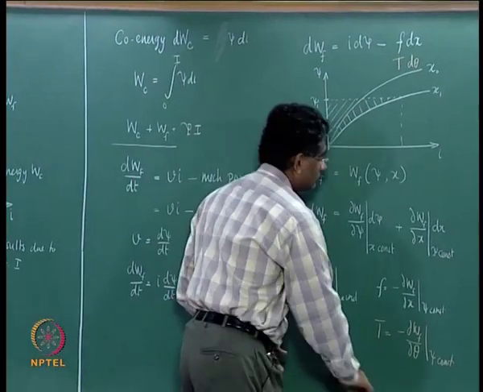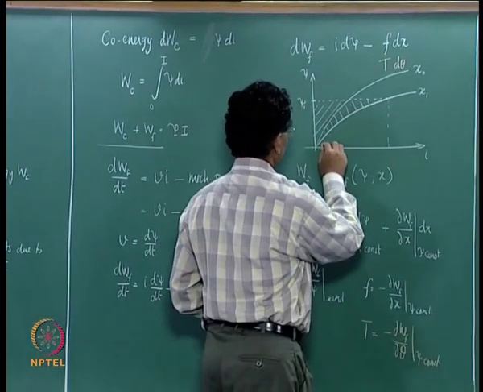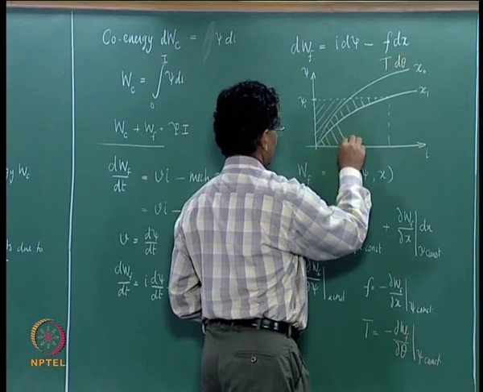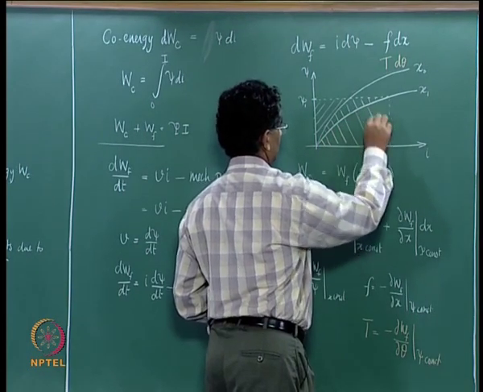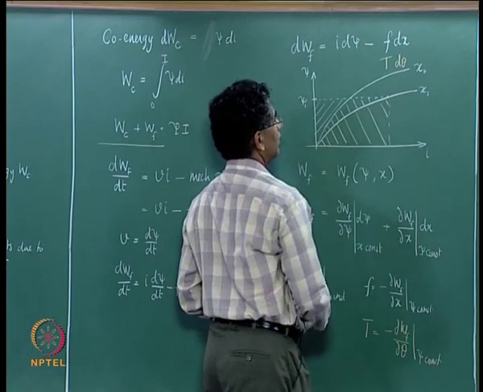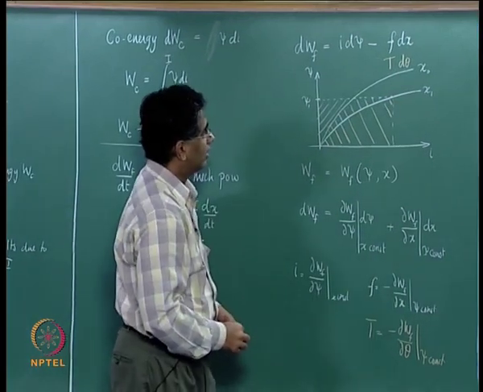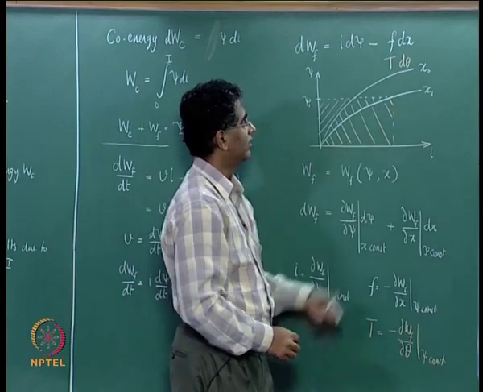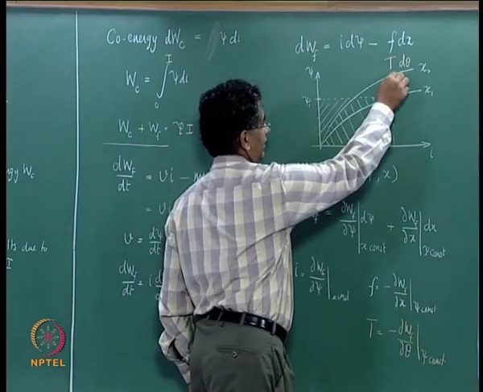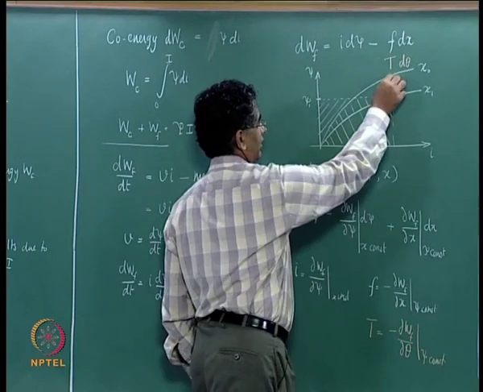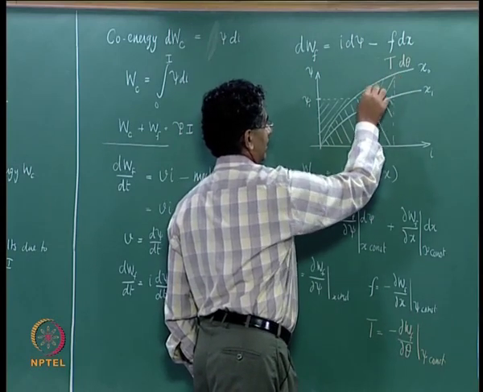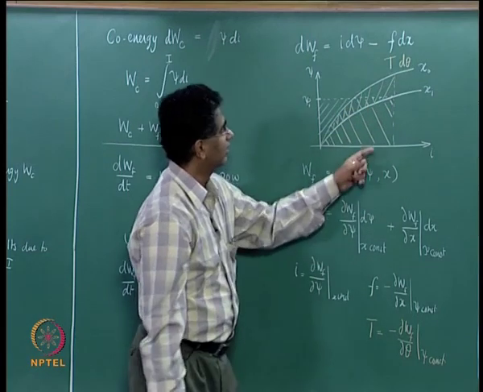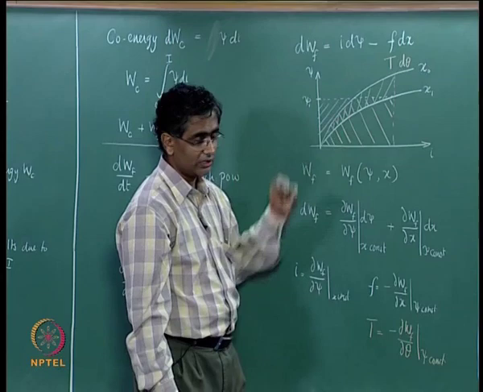Now again, if you look at Wc, which is this area, if you choose the curve x1, it is this area. If you choose the curve determined by x0, then you have to add this additional area in order to determine Wc.